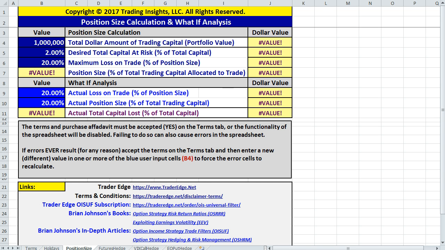The first thing you'll notice on this tab of the spreadsheet is that several of the calculated cells contain the word value with an exclamation point. The reason for that is that when I opened the spreadsheet, I had not yet accepted the terms. So we've already accepted the terms at the beginning of this video, but we still need to enter a value in one of the user input cells to force all of the cells to recalculate.